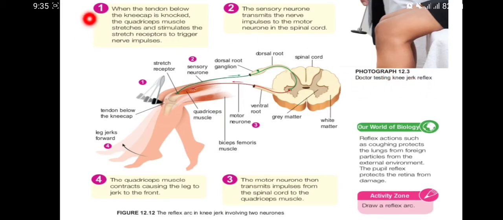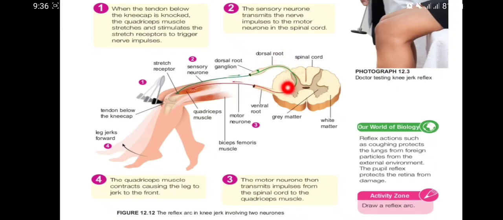Number 1: when the tendon below the kneecap is knocked, the quadriceps muscle stretches and stimulates the stretch receptor to trigger nerve impulses. Then the sensory neuron transmits the nerve impulses to the motor neuron in the spinal cord.